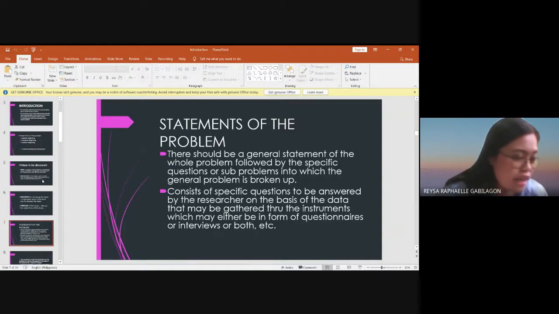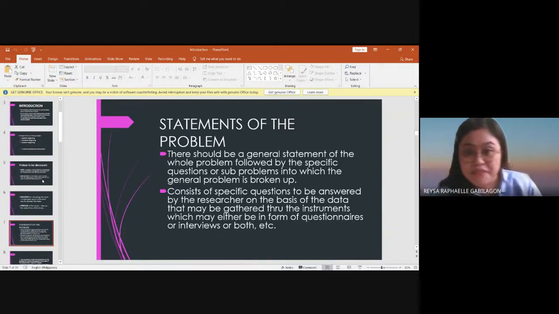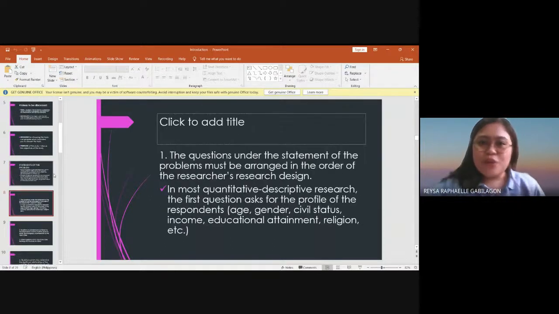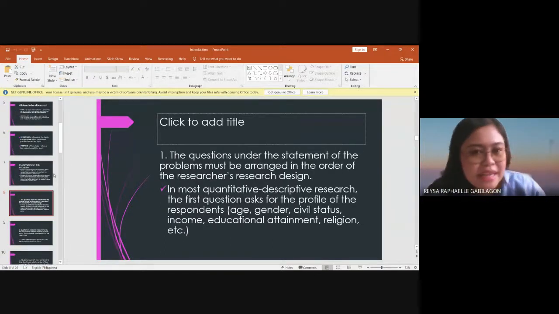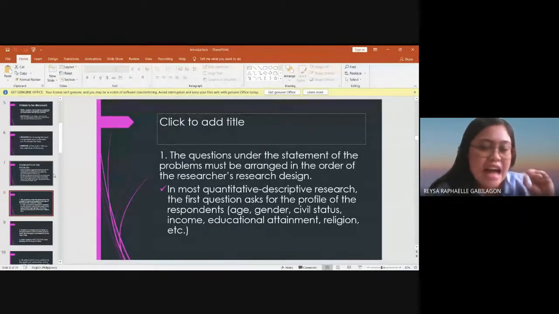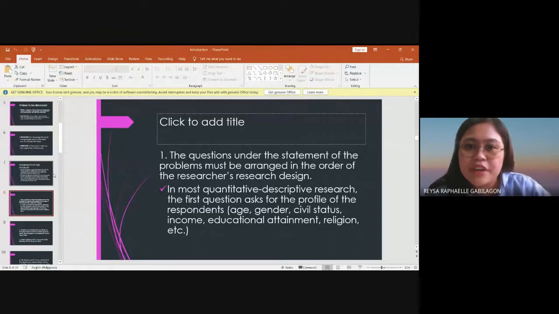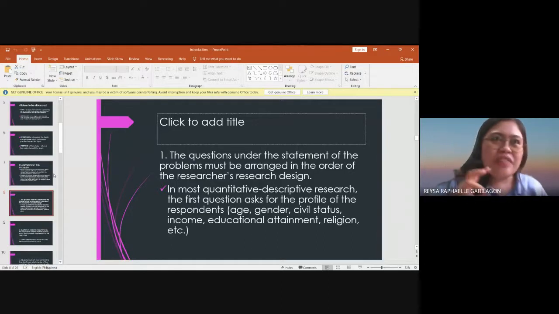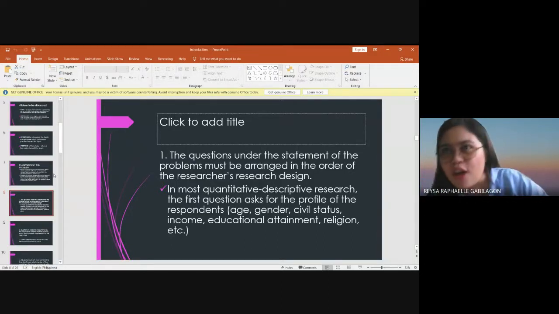So we'll make it specific. I-specify natin siya. So, ang mga questions naman na ilalagay natin sa statement of the problem is i-arrange natin in order of the researcher's research design. So, ano yung research design natin? Quantitative descriptive ba? Or quantitative experimental?